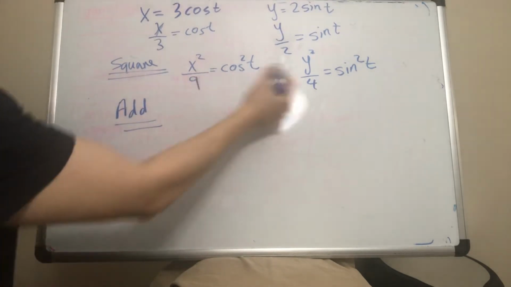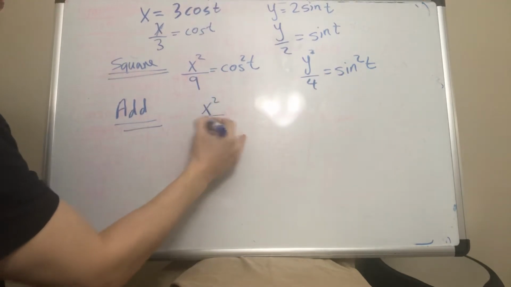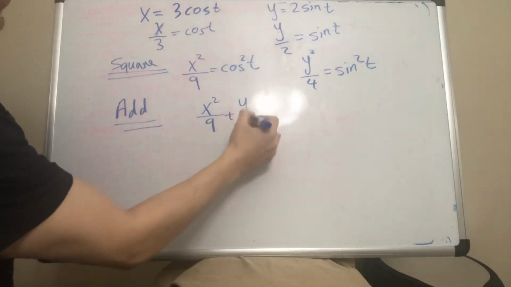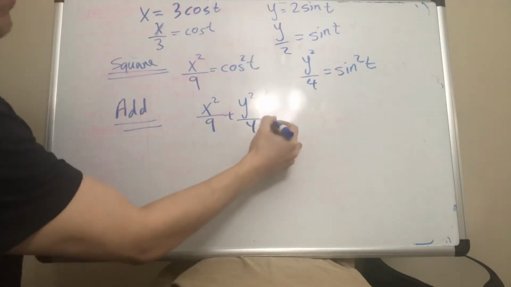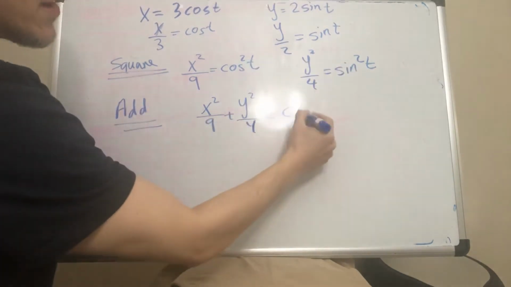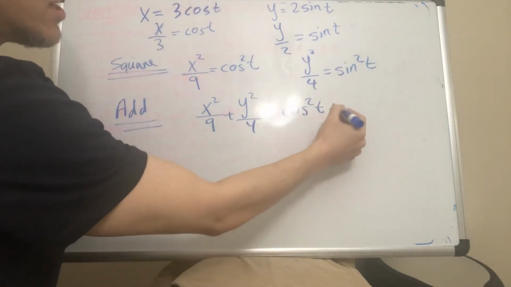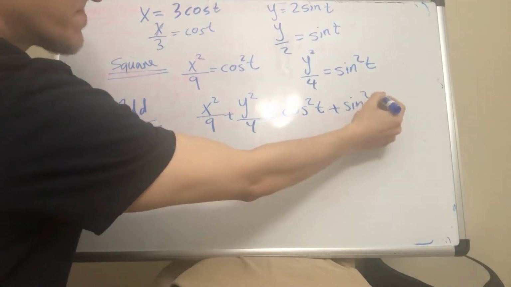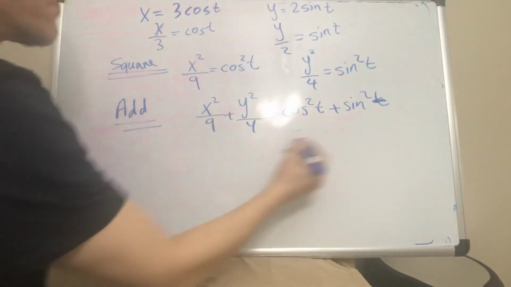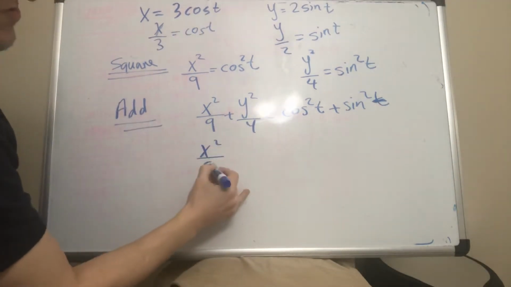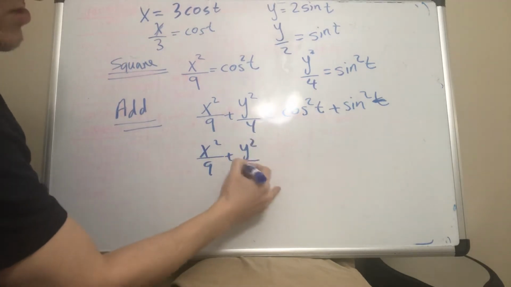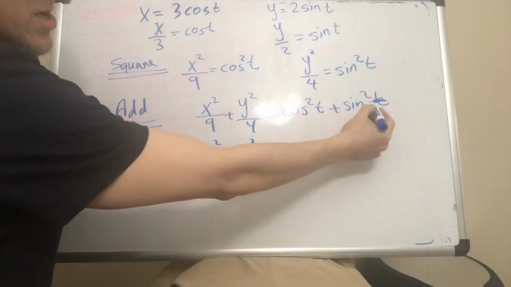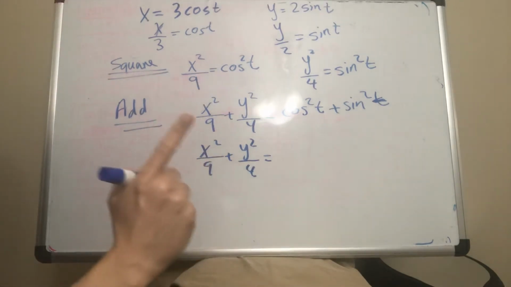You add this to this, so it'll be x squared over 9 plus y squared over 4. And you add this to this, so it'll be cosine squared plus sine squared. And you know cosine squared plus sine squared is 1.